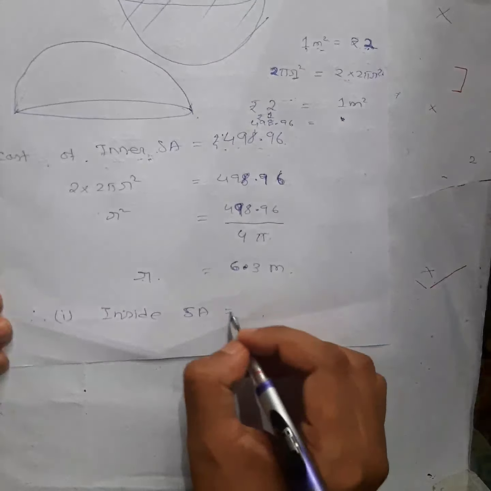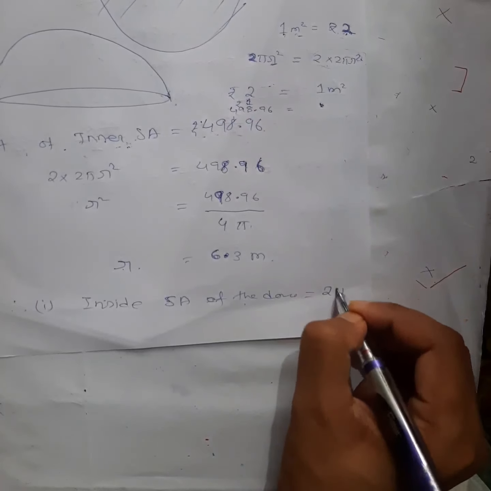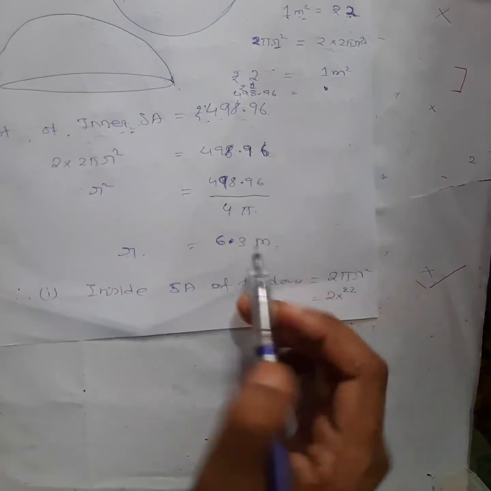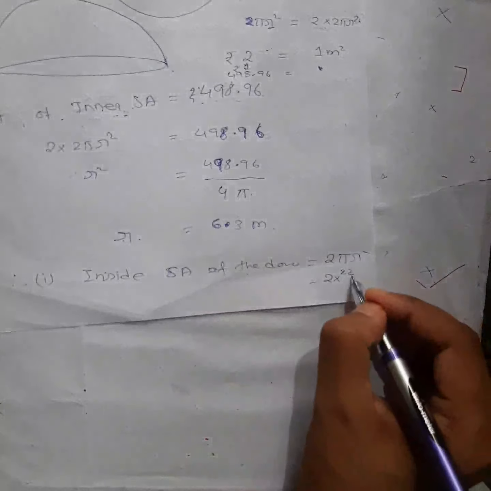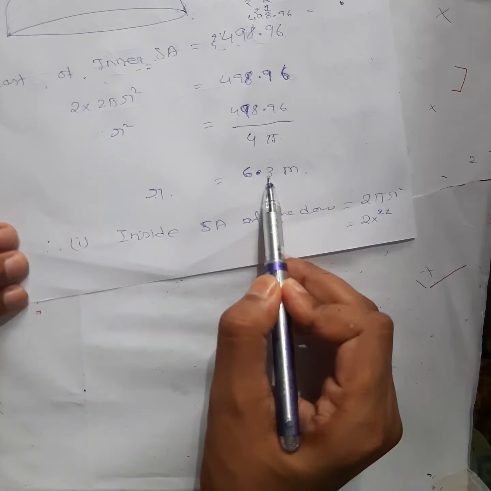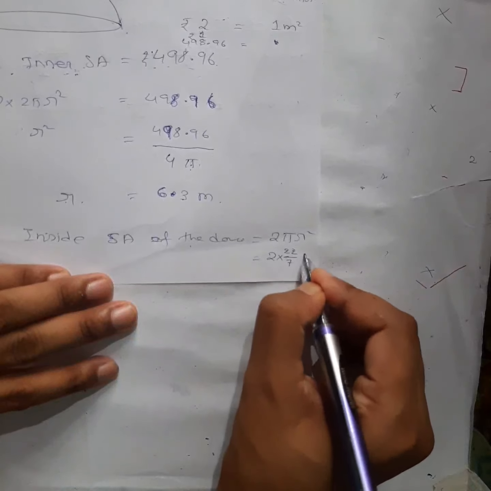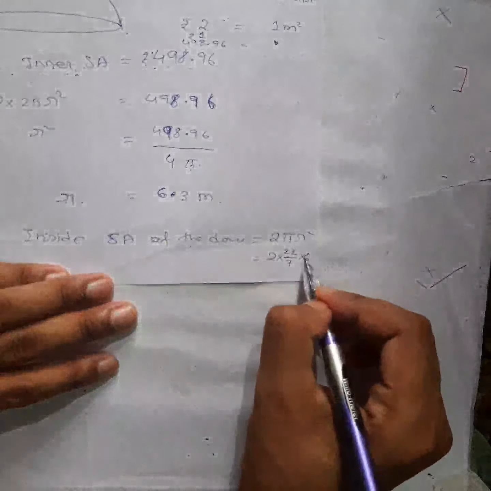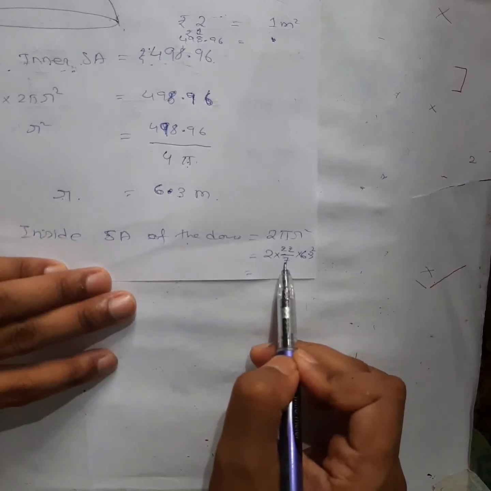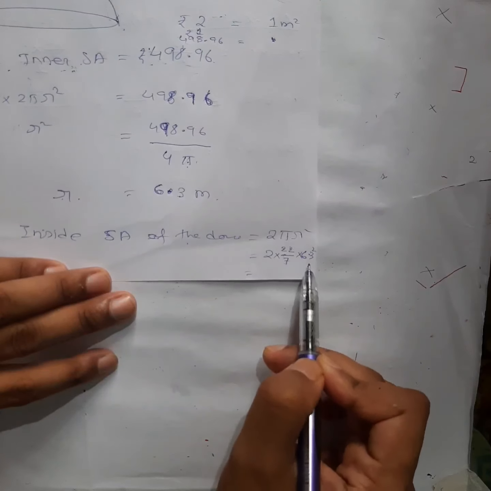surface area of the dome is equal to how much? 2 pi r square, which is equal to 2 into 22 by 7 into r square, that is 6.3 square. It is better if you don't use pi here; this pi and this pi will get cancelled anyway. 63 will get cancelled with 7, so you better convert this into a fraction and remove the decimal.